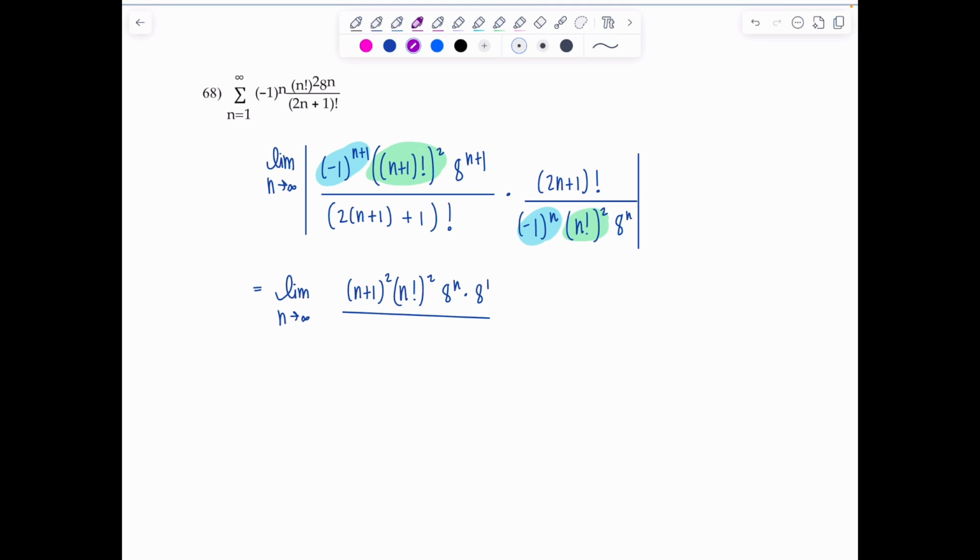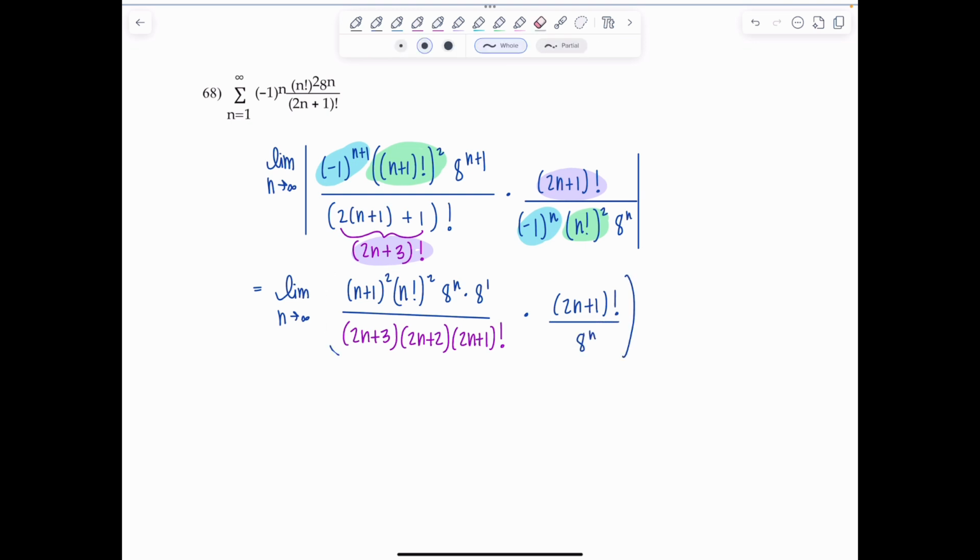And then be careful, this is 2n plus 2 plus 1, so 2n plus 3 factorial. This one's bigger than this guy, so break down the bigger one. It's going to be 2n plus 3 times 2n plus 2, keep going, times 2n plus 1 factorial. Fabulous. Then here's my 2n plus 1 factorial and 8 to the n down here.